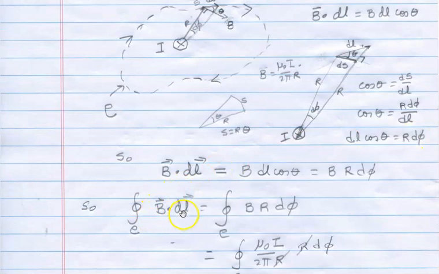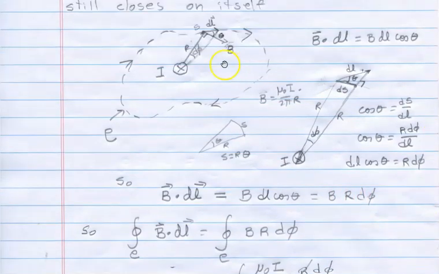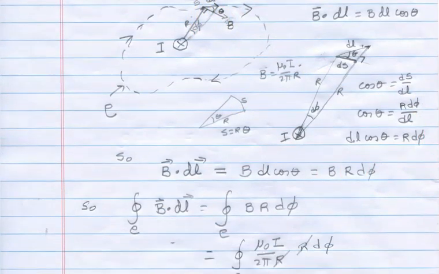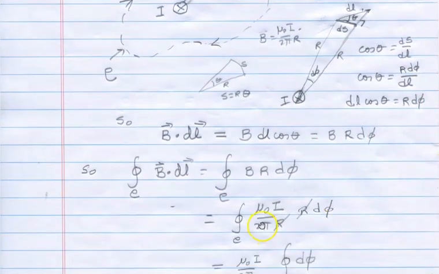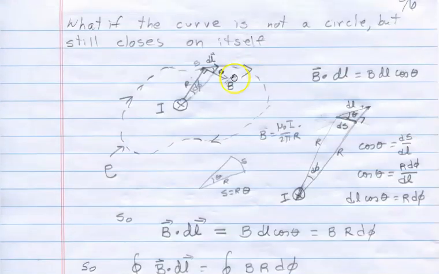This integral of B dot dl is the same as the integral all the way around this curve of B times r d phi. But I know what the magnetic field is at this point. That's just the result of Ørsted for a long infinite wire. It's mu naught I over 2 pi r, where r is the distance from the wire to this point here.